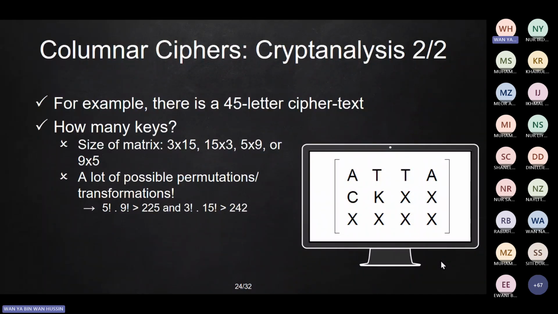But when it becomes bigger, for example 45, we have 3 by 15, 15 by 3, 5 by 9, or 9 by 5. So the possible keys are 3, 5, 9, and 15.